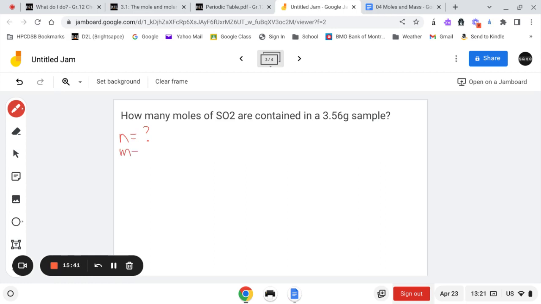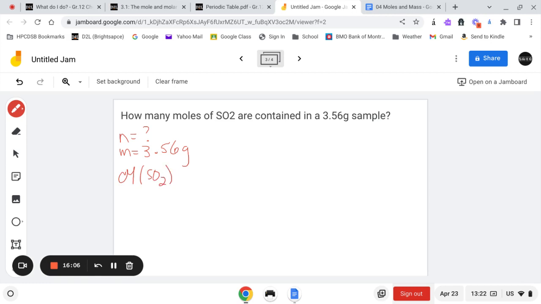We know our little m, lowercase m, which is actual mass, and we know that that is 3.56 grams. Now, notice what is happening here. They have not given us the molar mass of SO2. And again, they're not going to, because they know that you can go onto the periodic table and you can calculate that yourself. So I'm going to set this up right here.